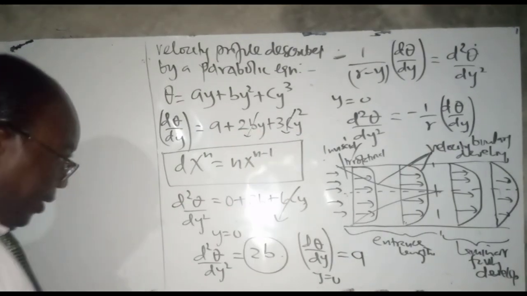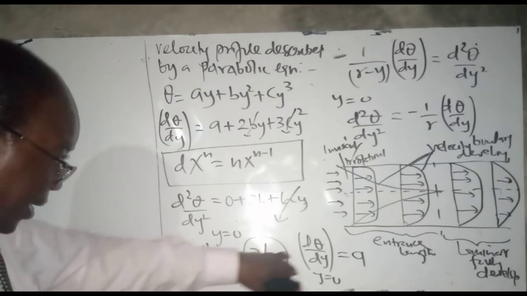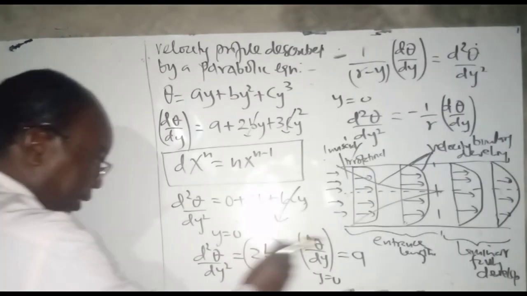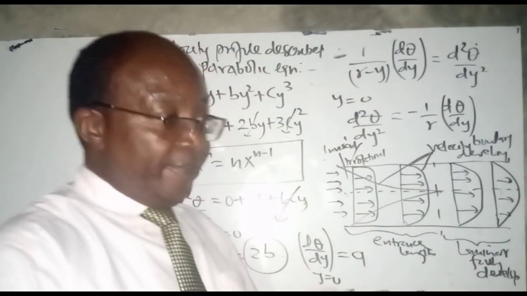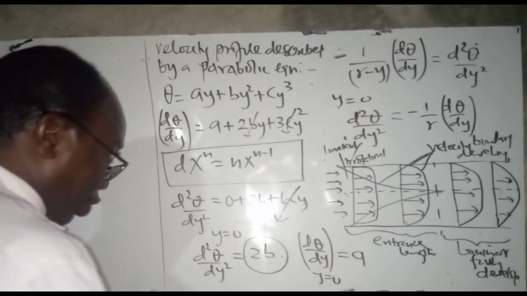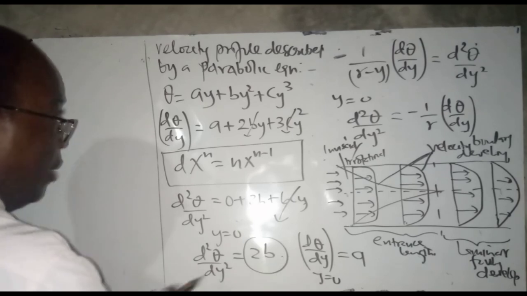For d2 theta dy squared it is 2b, and for d theta dy at y equals 0 it is a. These are very important quantities, because when you combine them with the boundary values, you can actually get the actual parabolic equation.